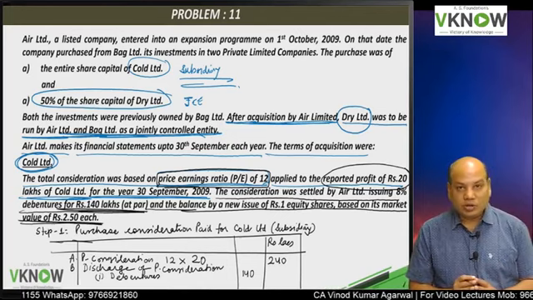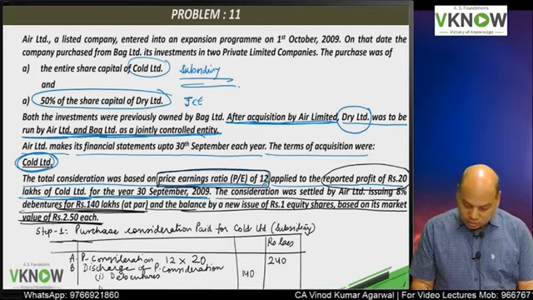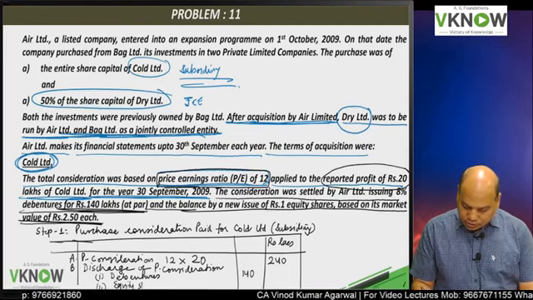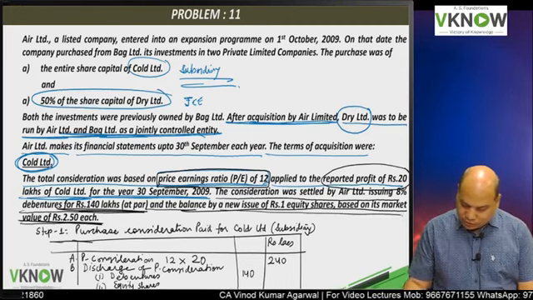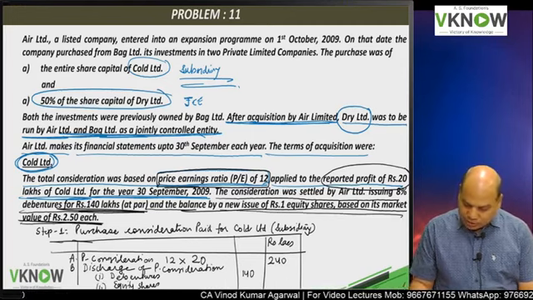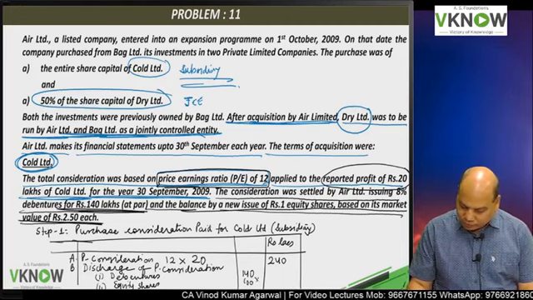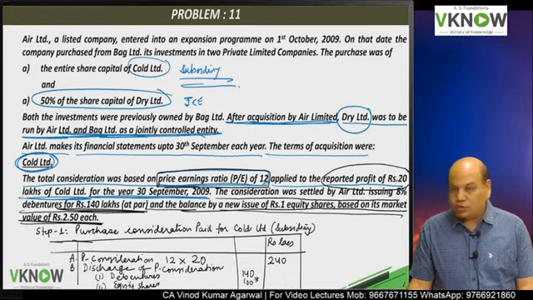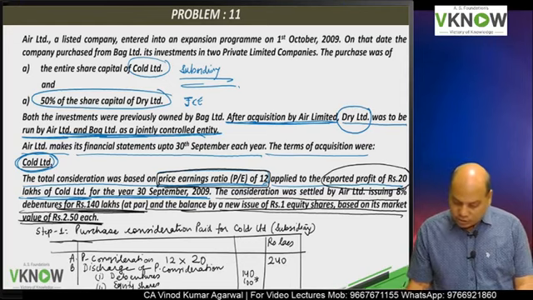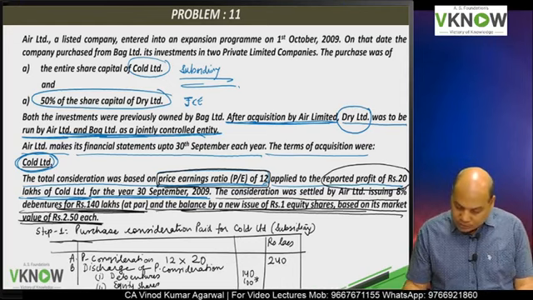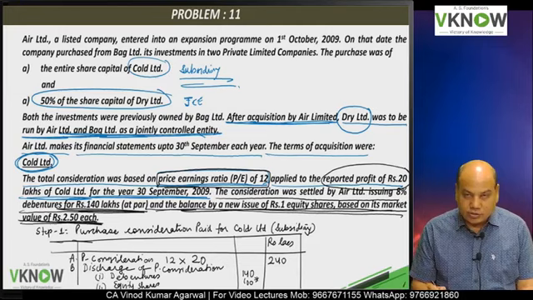Out of the 240 purchase consideration payable, they issued debentures of 140 lakh. And what about equity shares? They have issued equity shares for the balance amount of 100 lakh. 100 is the balancing figure, 240 minus 140, and the issue price is 2.50 each.